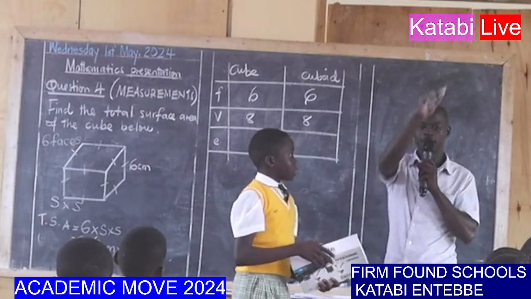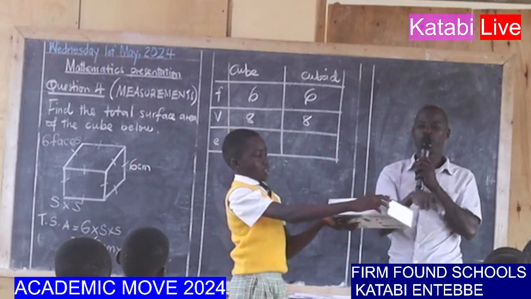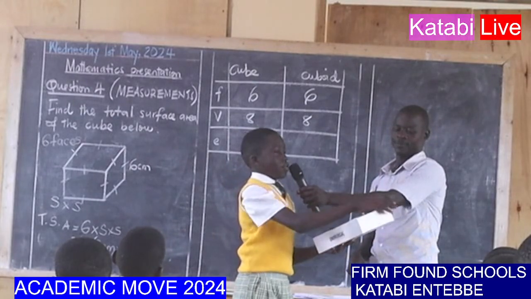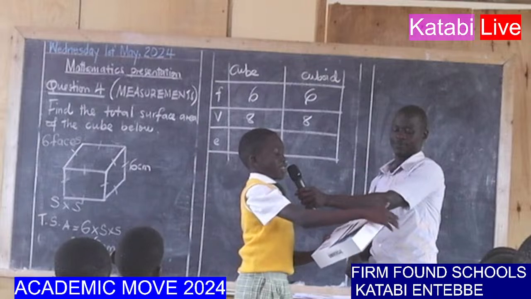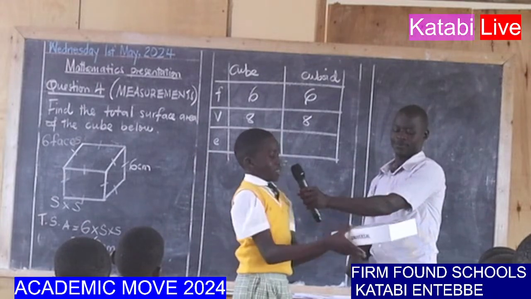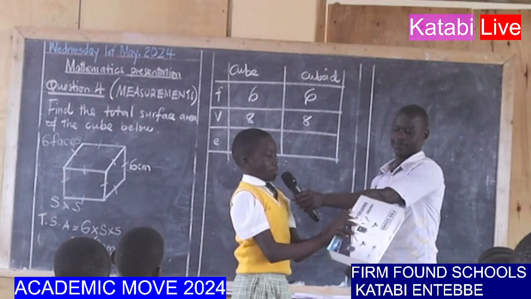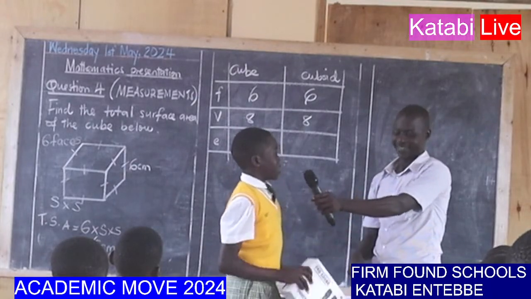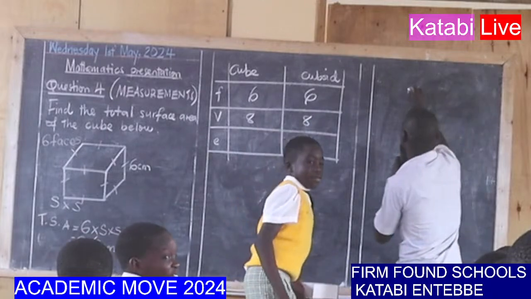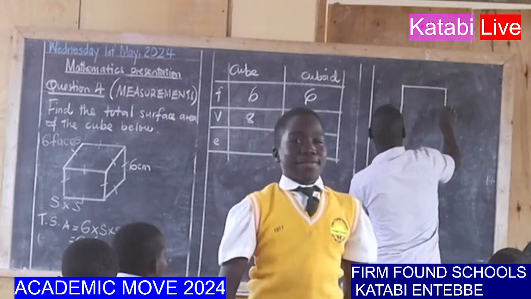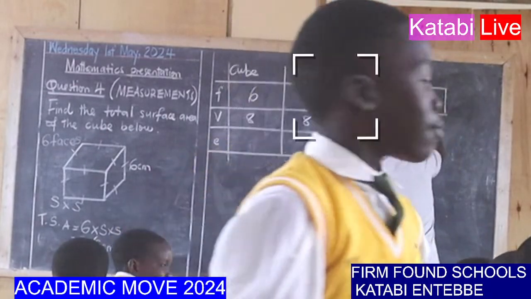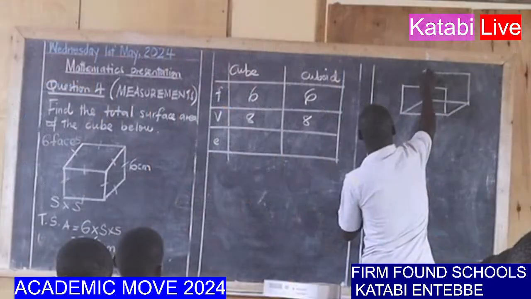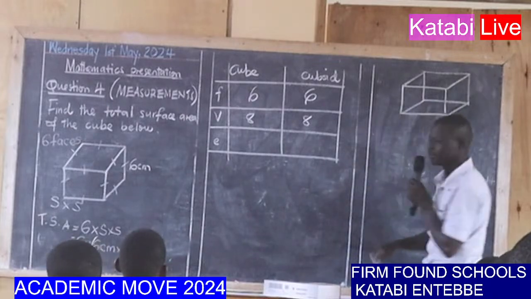We count like this. 1, 2, 3, 4, 5, 6, 7, 8, 9, 10, 11, 12. Okay. Can you clap for him for coming? This is our cube. Clear?